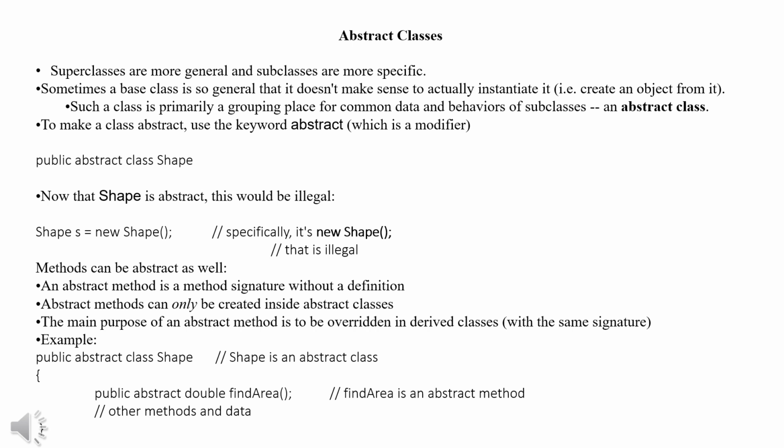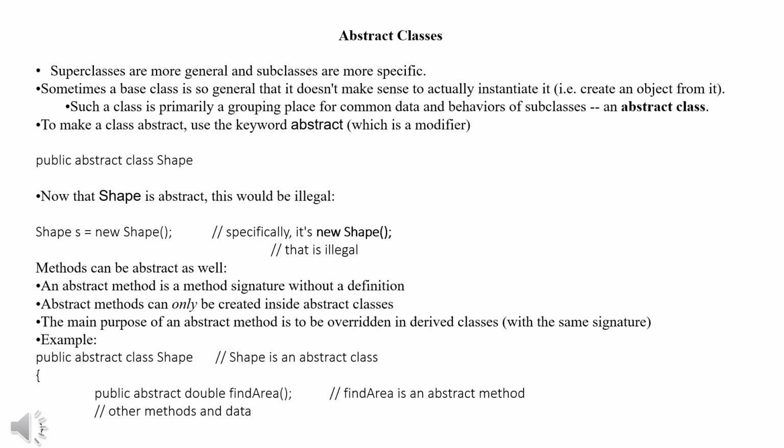We also can have methods that are abstract as well. An abstract method is a method signature without a definition. It doesn't have any definition, it has just a signature. Another important point about abstract methods is that they are just inside abstract classes.